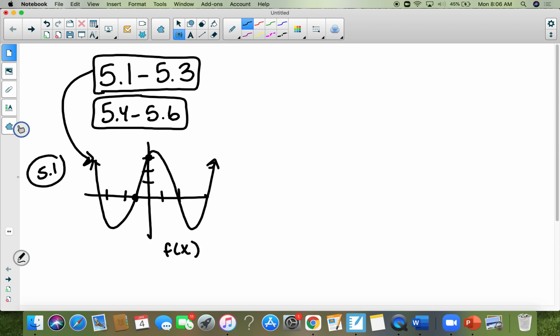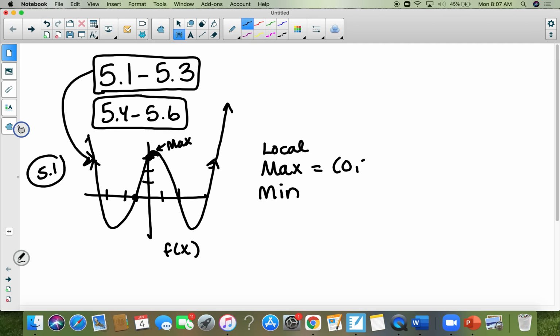And in 5.1, we learned how to find the max and the minimums looking at a chart. You have a max here, but these keep going up. So this is called a local max, because you have no absolute max in this picture. So let's just put it right at 0.3 is a local max.